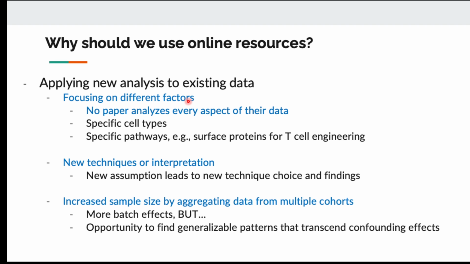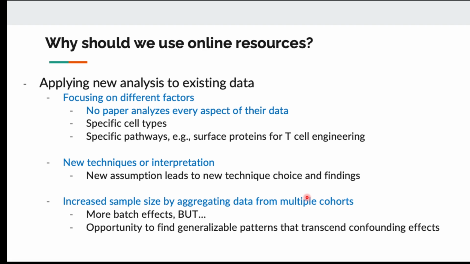So usually we think about combining data from multiple places, like multiple cohorts, as a nightmare for statistics, because you have a lot more batch effect, you have a lot more confounding factors. But if you are able to apply the right statistical tools to integrate the data, then you have the opportunity, because any pattern that you identify that is true across multiple cohorts, the pattern that can generalize across patients from different countries, like patients with data collected from different omics platforms.